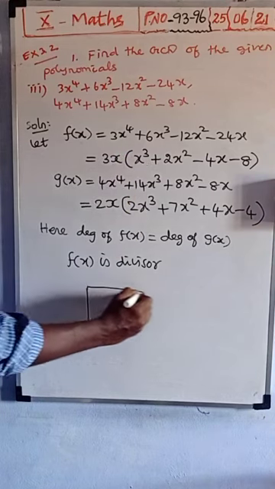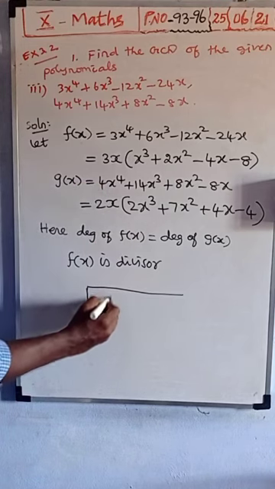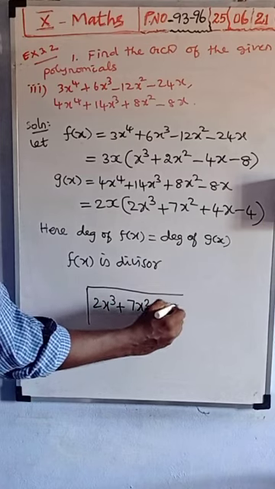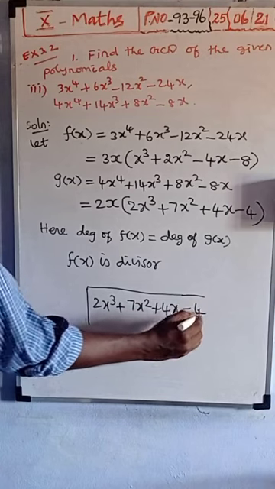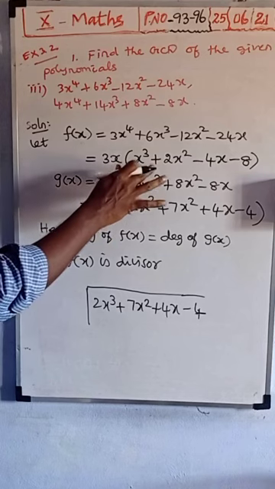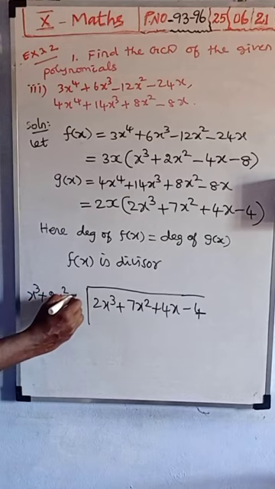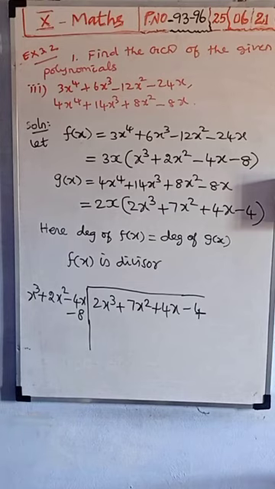That means first, g of x you want to write inside: 2x cube plus 7x squared plus 4x minus 4. Then for this f of x, no need to write 3x, 2x, only our common terms. Write x cube plus 2x squared minus 4x minus 8 alone outside.